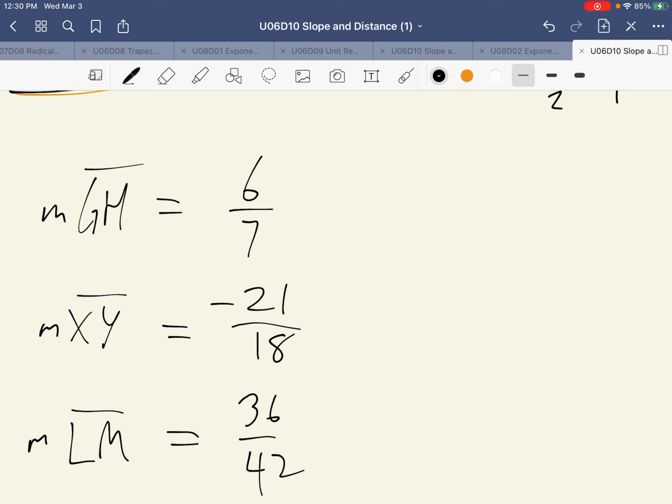My question to you would be, which lines are parallel and which lines are perpendicular?